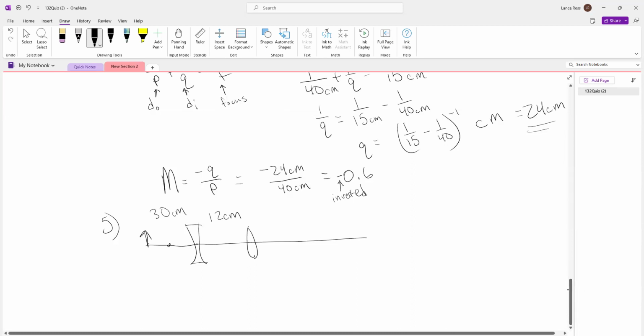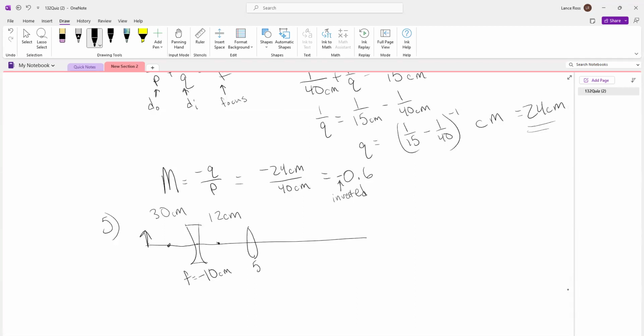And our diverging lens focal length is 10 and the converging is 5. So I'm going to write it as minus 10 for the diverging lens. Notice they were shown as absolute values, and we know a diverging lens has a virtual focus, so it's a negative focal length.